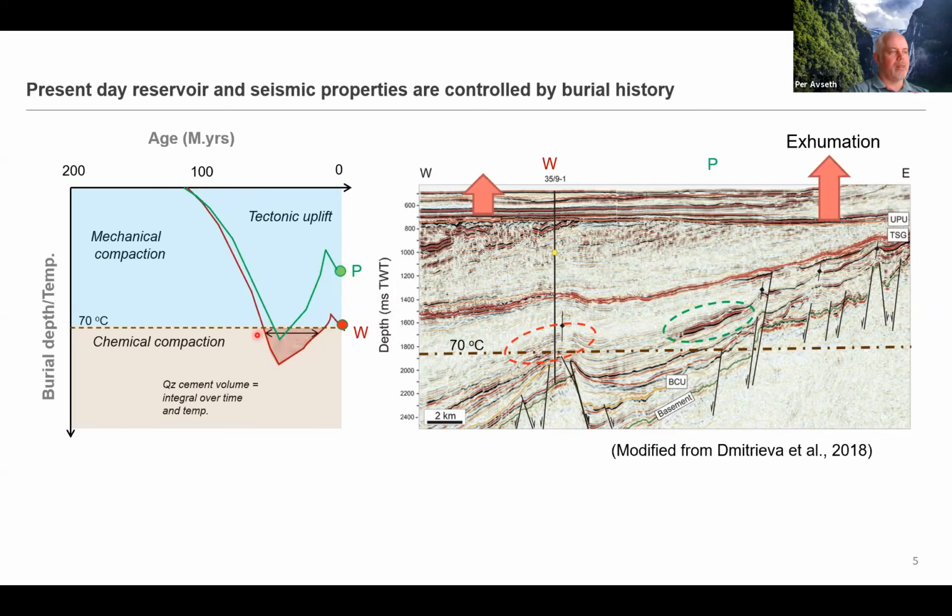And it could be that this prospect was never really into this, what I often call the frying pan. It wasn't spending enough time into this high enough temperature to really consolidate. So just over these short distances, if you have big tectonic differences, you can really have big changes in the rock properties just as a function of your diagenesis and your burial history, and not only based on the fluid.